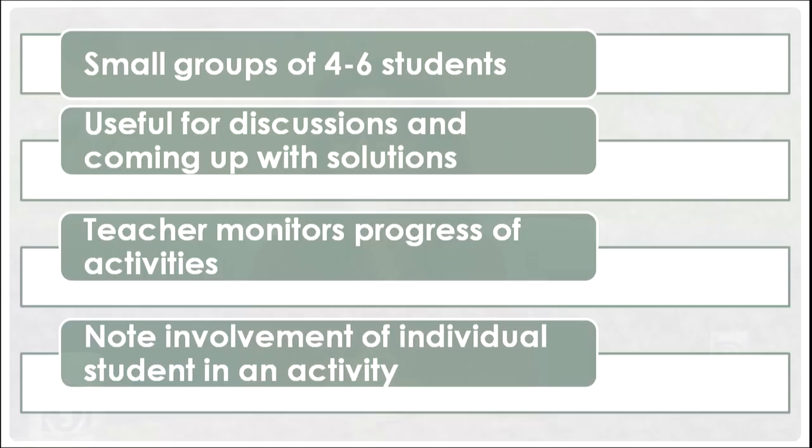And when we do this, we also note the involvement of an individual student in an activity. That is what CCE, continuous comprehensive evaluation, is all about. We say that while the child is learning, the teacher should be able to assess them. So this is exactly what we are doing here.